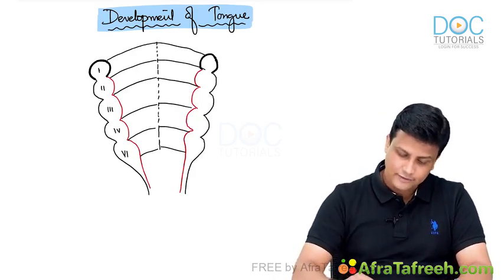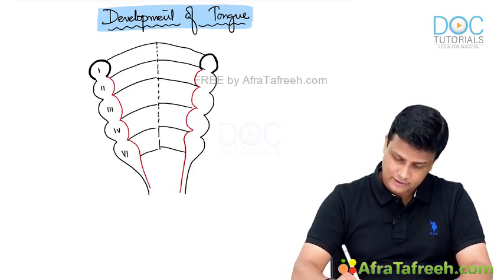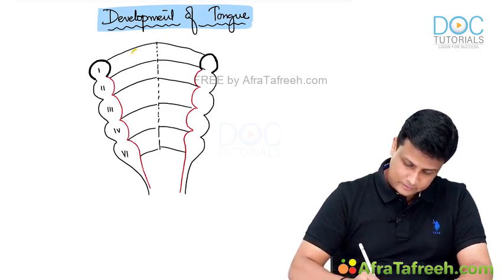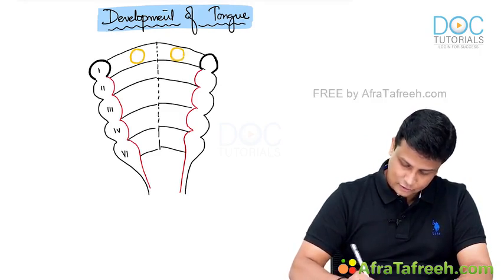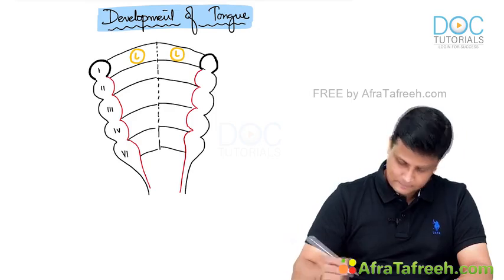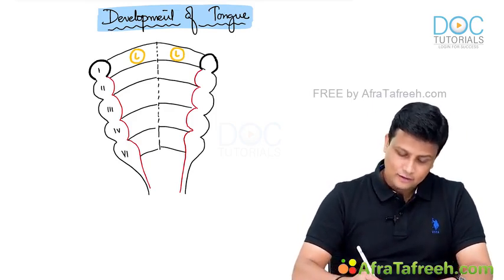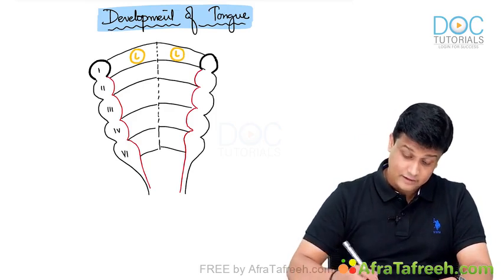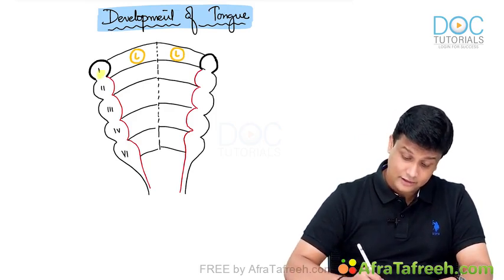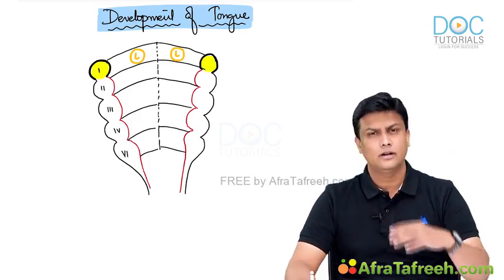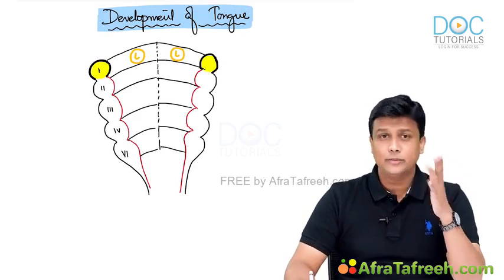Now in the development of tongue, what are the things which are required here? My dear friends, first of all, there will be 2 thickenings here, and these 2 thickenings or swellings are known as the lingual swellings. And there is a reason why I am drawing that in yellow color. Why? Because the next important thing that we have to understand is, are the lingual swellings formed from ectoderm, endoderm or the mesoderm?